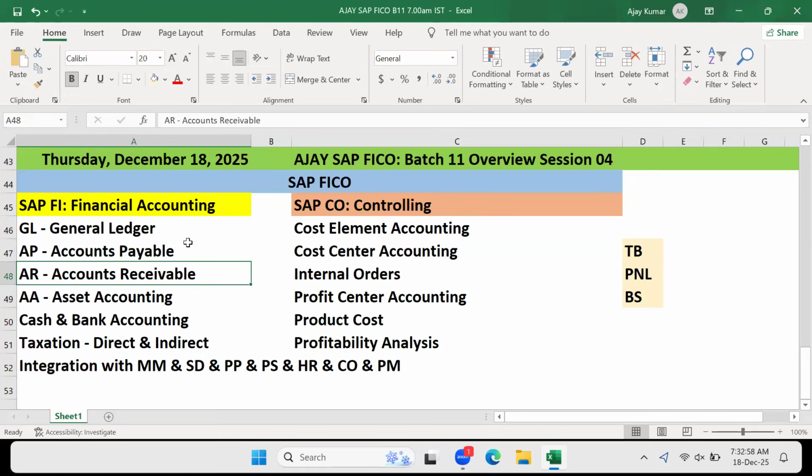When we say amount is not yet collected from the customer, what are we referring to? Accounts receivable or sundry debtors. Same thing. Now sundry debtors or accounts receivable is a summary of all your customer outstanding, right or wrong?